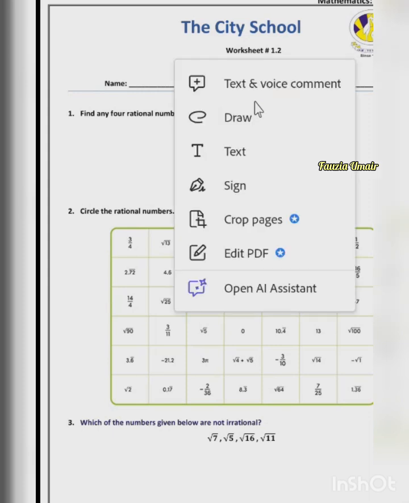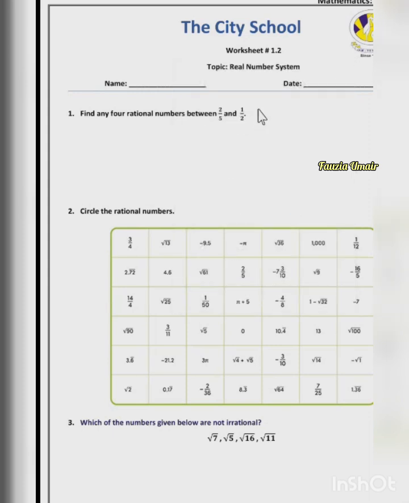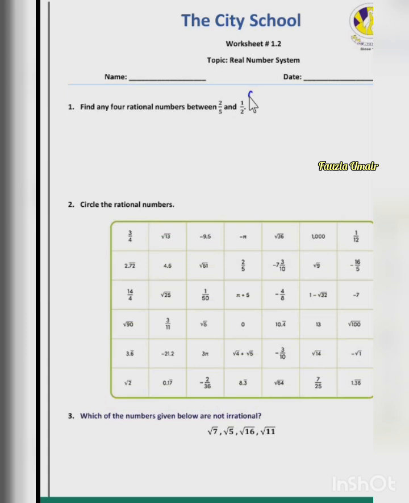1 by 2 is basically 0.5, and 2 by 5. Can anyone tell me what is the decimal form of 2 by 5? 0.5, 0.4. 0.4. So how do I know?